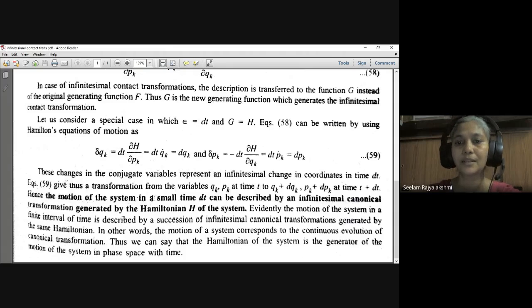Evidently the motion of the system in a finite interval of time is described by a succession of infinitesimal canonical transformations generated by the same Hamiltonian. In other words, the motion of a system corresponds to the continuous evolution of a canonical transformation. Thus we can say that the Hamiltonian of the system is the generator of the motion of the system in phase space with time.